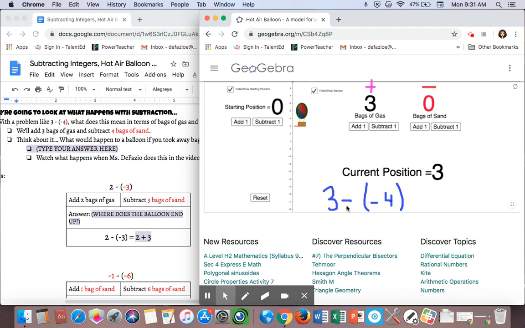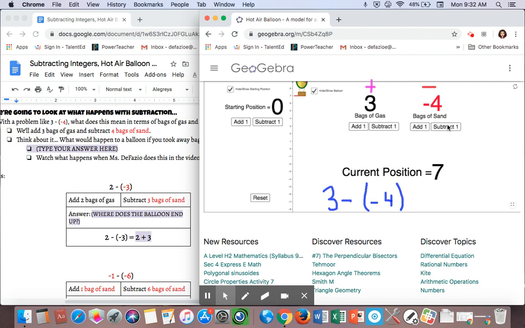If I'm subtracting -4, that means I'm subtracting or taking away 4 bags of sand. And what this is going to look like is I'm subtracting 1, 2, 3, 4 bags of sand.